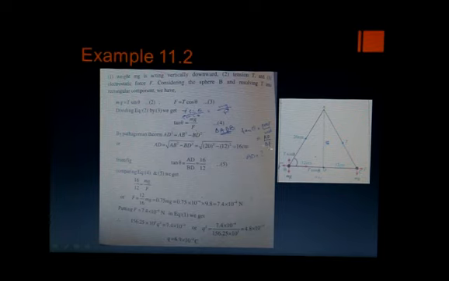Now, girls, this is a right angle triangle, and in it AB is the hypotenuse, BD is the base, and AD is the perpendicular. So we can apply Pythagoras theorem. What is Pythagoras theorem? The square of the hypotenuse is equal to the sum of the squares of the perpendicular and base.